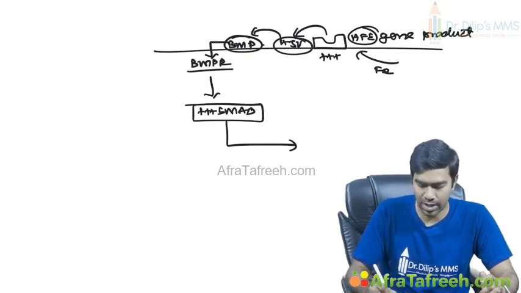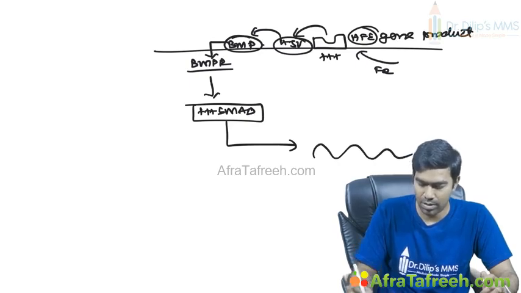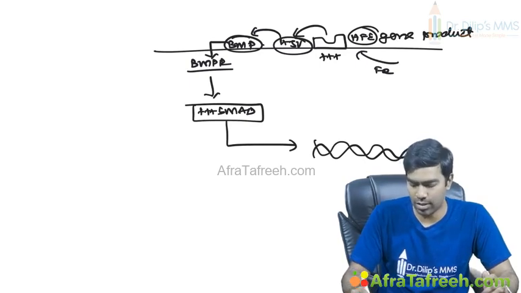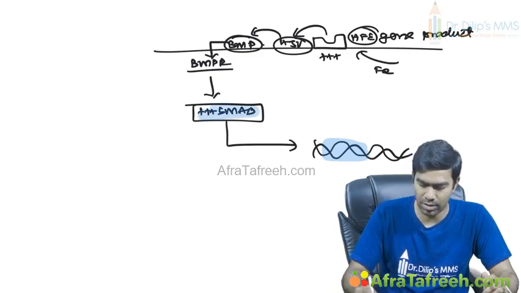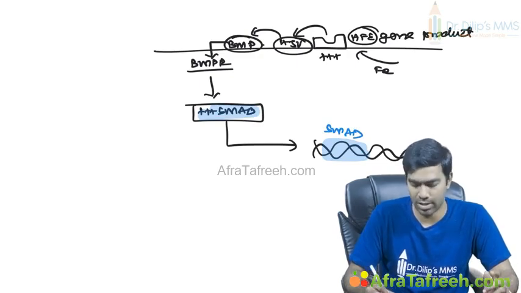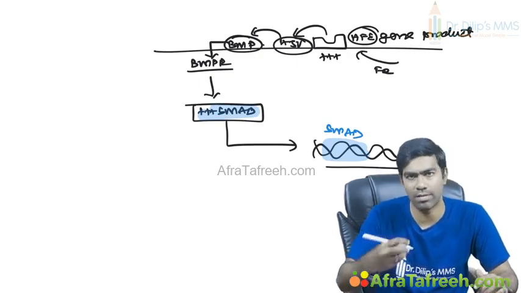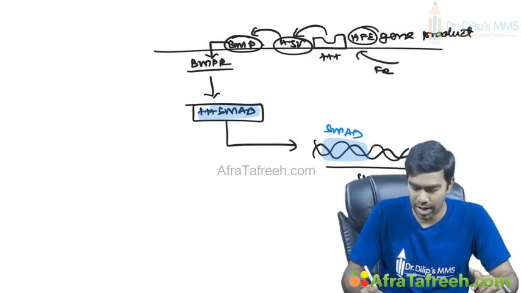This SMAD, once it's activated, goes to the nucleus and to SMAD binding domains in the nucleus. Let us assume these are SMAD binding domains. Once SMAD binds with certain areas, it increases the transcription of a very, very important gene called the HAMP gene.